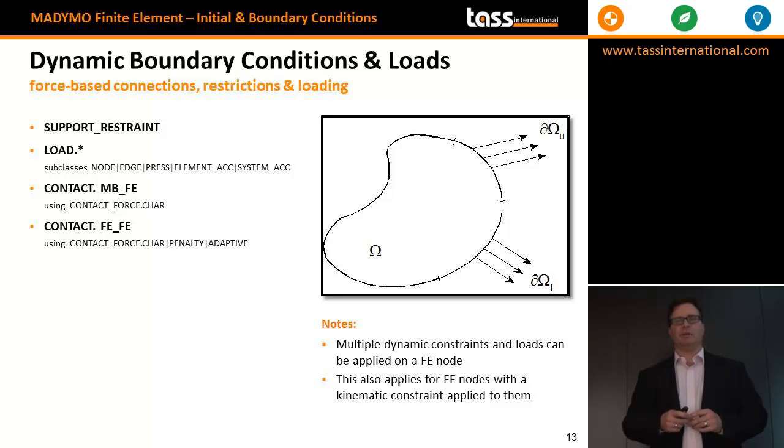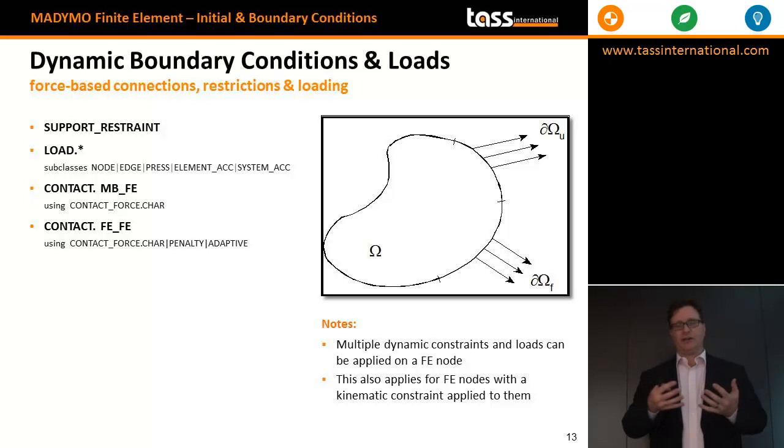Then the dynamic boundary conditions. Dynamic boundary conditions in MADYMO can be specified with the support restraint element, the load elements, and through contacts. The support restraint element is a force-based connection between a rigid body or the reference space and a node. Note that the support restraint keyword only works on translational degrees of freedom.